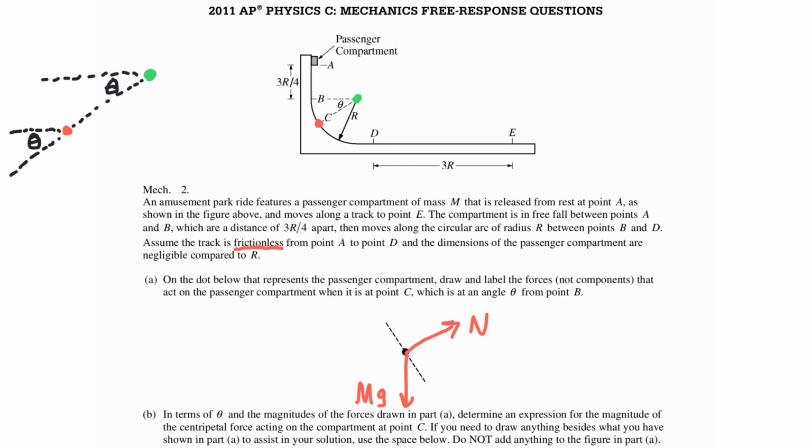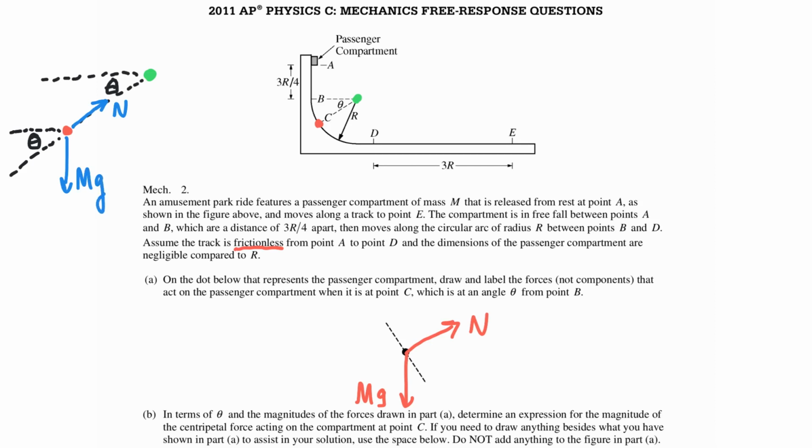Now if we start to draw in the forces that are acting on the compartment at point C, N points along this dotted line in the direction of that blue arrow, and then mg points straight down like this.